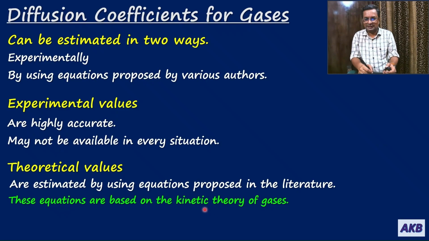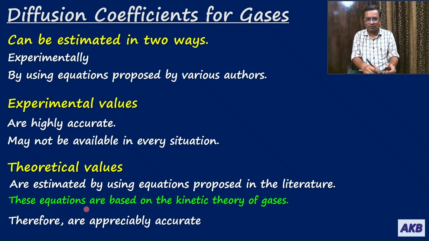So since it has some theoretical base, the values that you get by using those equations are appreciably accurate. So for gases, at least, since we have the kinetic theory, the values predicted by equations which are based on kinetic theory are appreciably accurate. So let us move ahead.